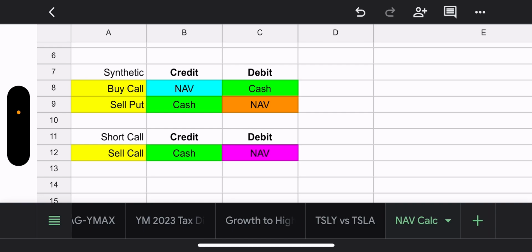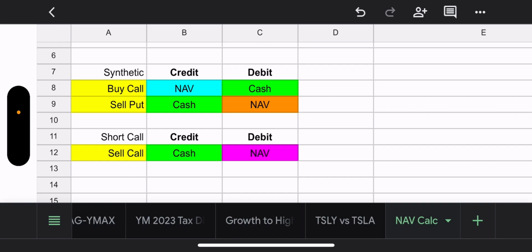We'll go through the buy call first. They did the buy call, it cost them money, so it debited cash, and then it credited the NAV. When they paid for the call, only two things can happen: either that buy call is going to be worth money or it's going to be worthless.